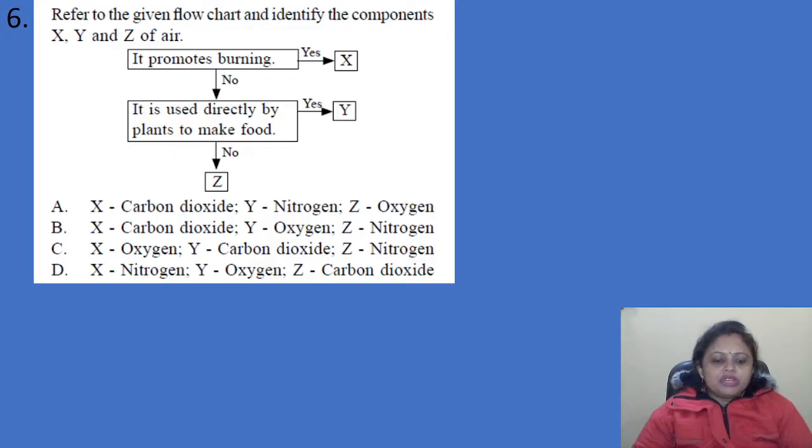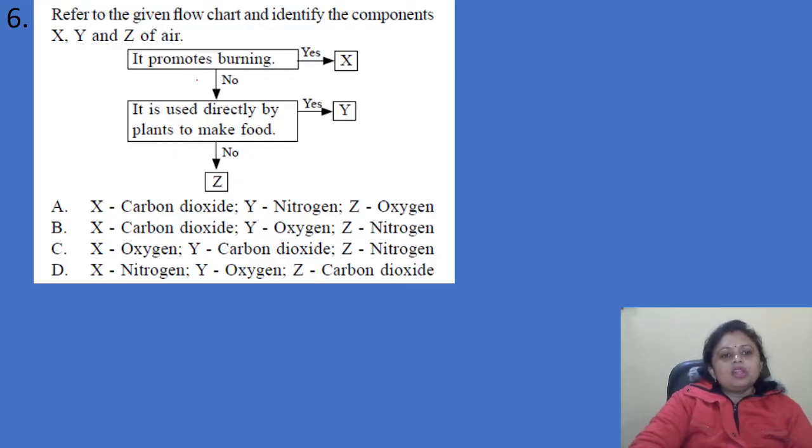So what we need to do? See. First thing, it promotes burning. Yes, X. So we know that oxygen promotes burning. Okay, next one is it is used directly by plants to make food.